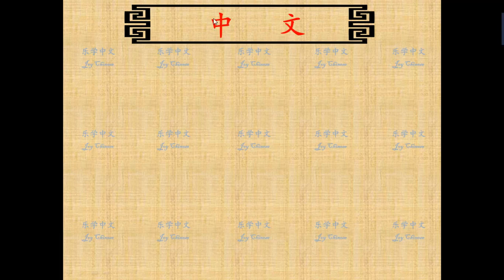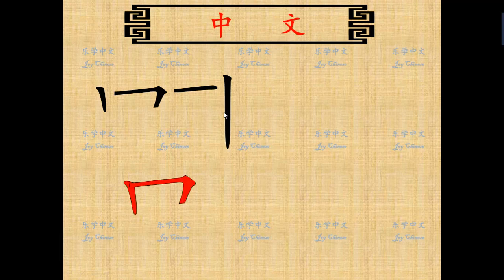This word 中, this Chinese character, has 4 strokes. 1, 2, 3, 4. And how we write it, you will see in the animation. 1, 2, 3, 4. So each Chinese character is a combination of different strokes.